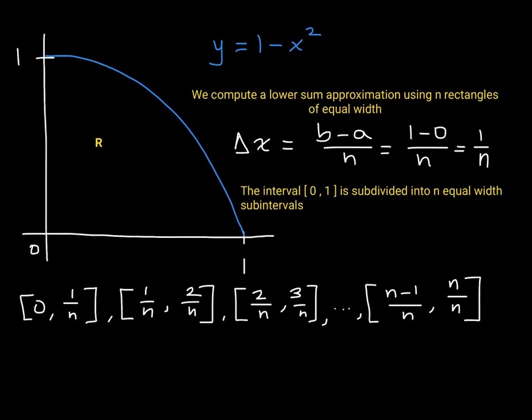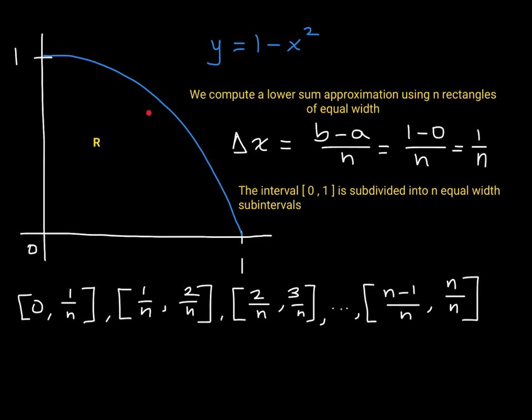So our function here is a decreasing function from 0 to 1. So we know that the smallest or minimum value in each subinterval will occur at the subinterval's right endpoint. And we discussed that in an earlier lesson.